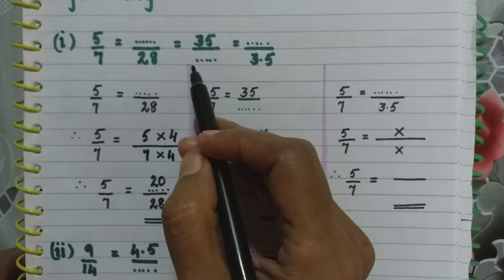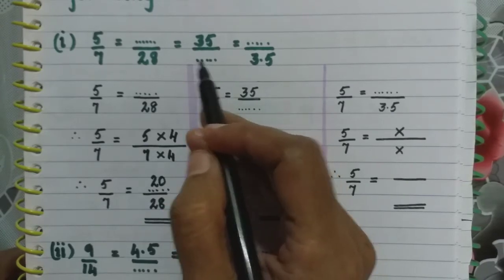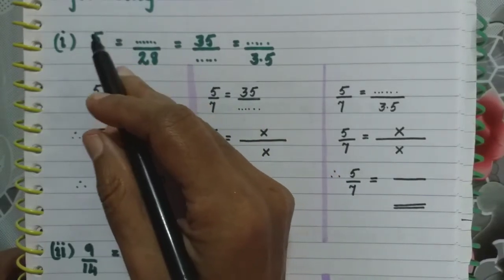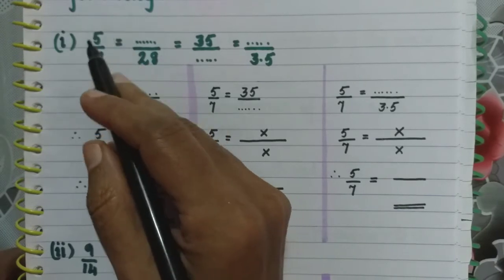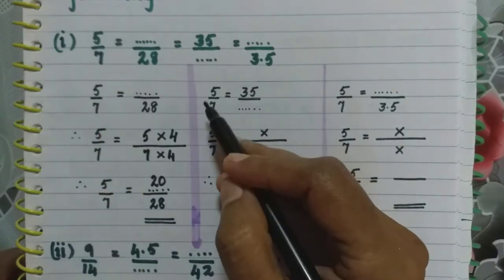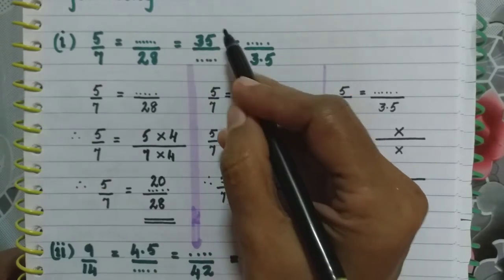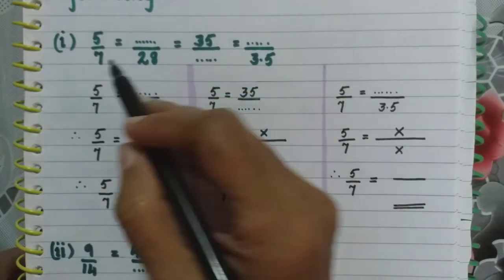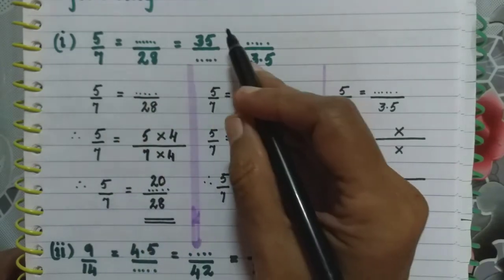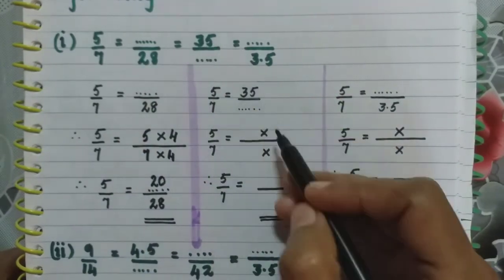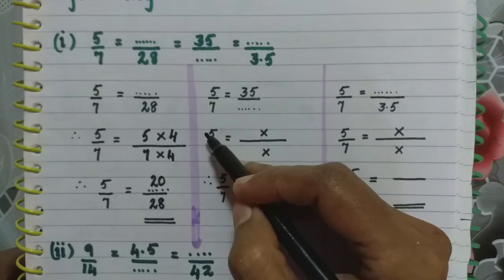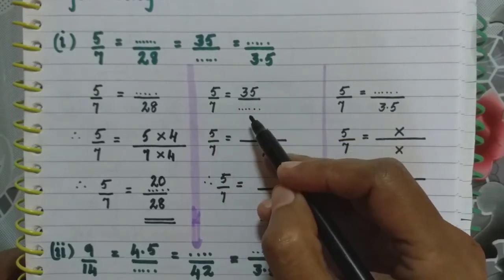That is, the blank is the denominator here. So we will take the first fraction which is already given, that is 5 by 7, and then write the next one with the blank. So 5 upon 7 equal to 35 upon blank.